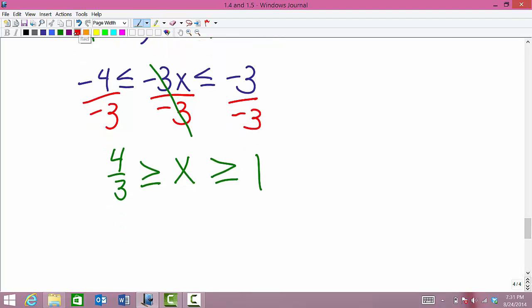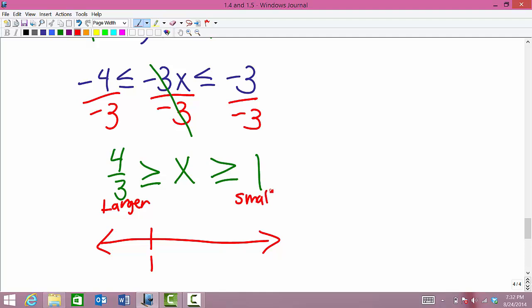Now we want to be careful, if our inequality symbols flip, that we put the smallest on the left. Notice that the alligator is eating the 4/3 and also the x, so this must be the smallest portion now, and this must be the largest portion.